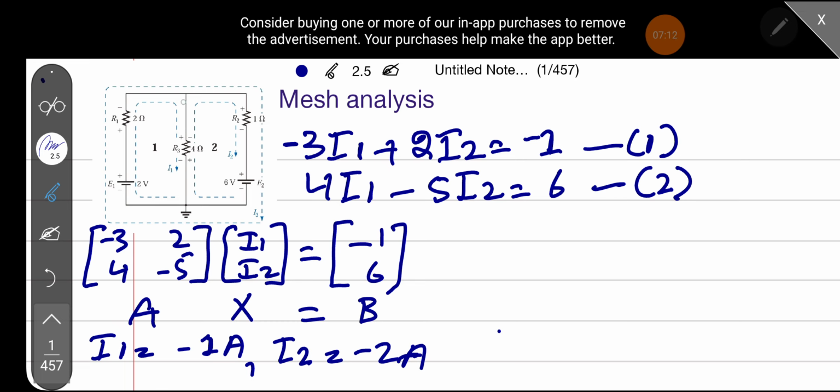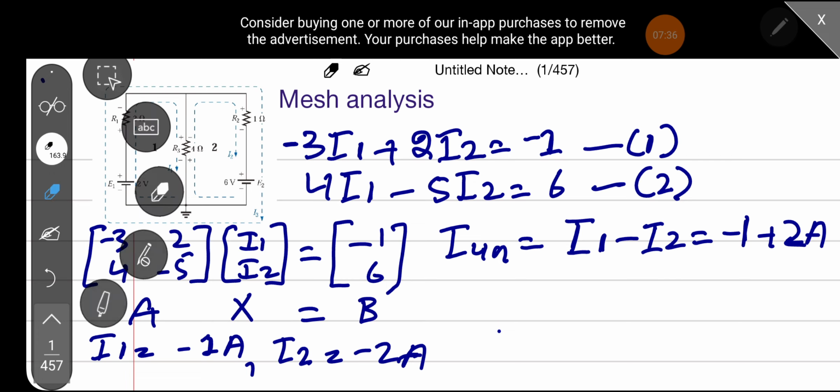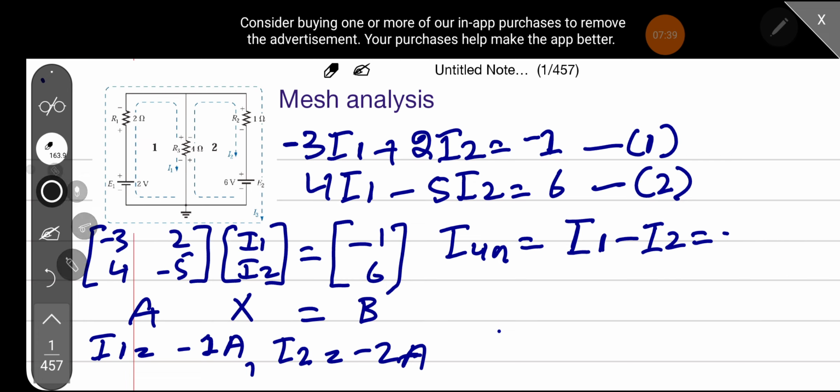So the current across R3, the 4 ohm resistance, is equal to I1 minus I2, which is 1 ampere... I1 is -1 ampere plus 2 ampere, which is equal to 1 ampere.